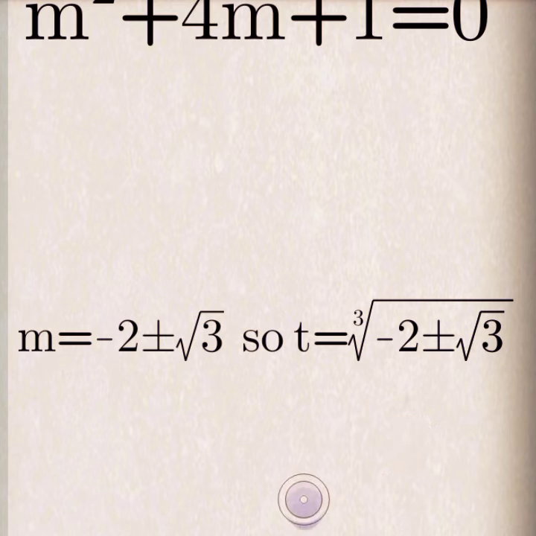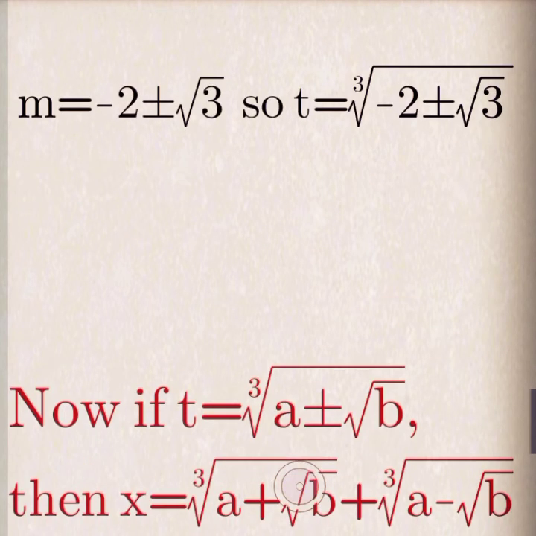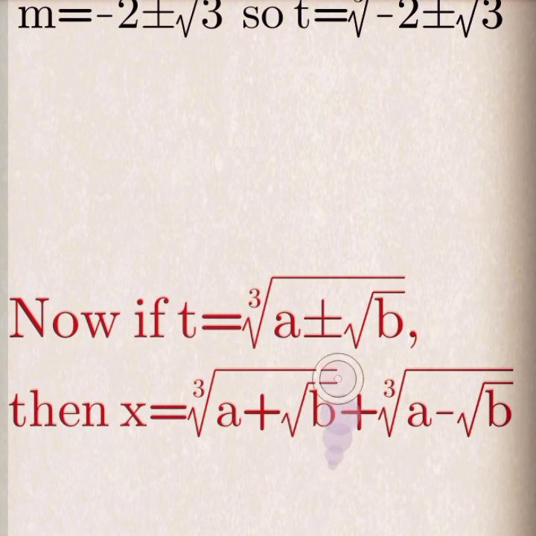But there is an observation I want you to get to know: whenever you have t in this form, a plus or minus square root of b, your value of x will always be the sum of a plus root of b and a minus root of b. In other words, you just sum the plus and the minus values here.